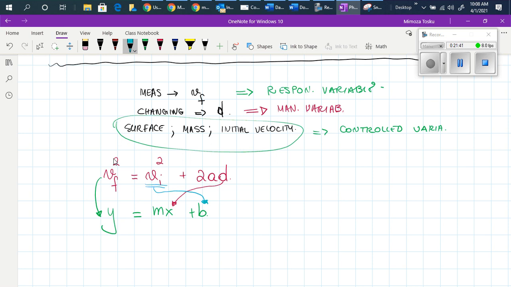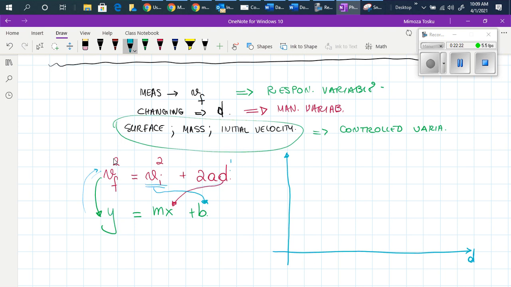When you see this relationship, you notice that the manipulated variable is to the power of 1. So we don't touch it. But what we see here is that y now is not just vf, but is vf squared. So in order to have a straight line, we have to keep the horizontal axis as it is, so it will be d, because it is to the power of 1.